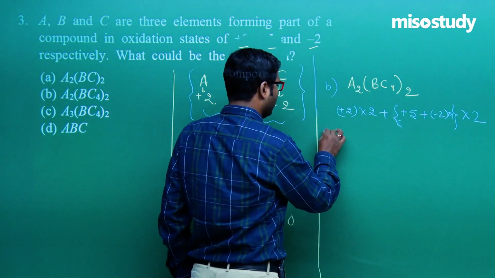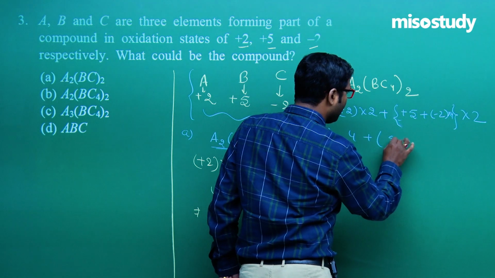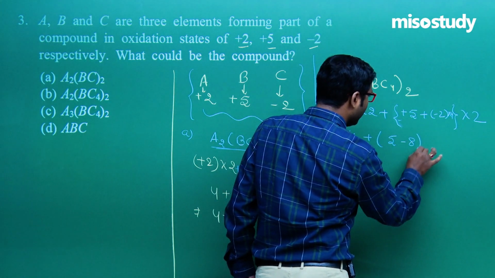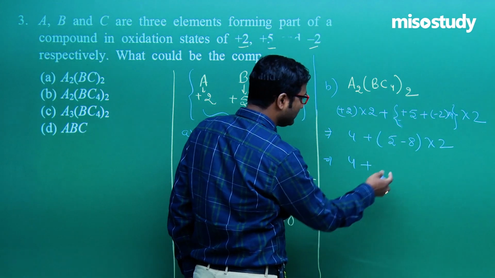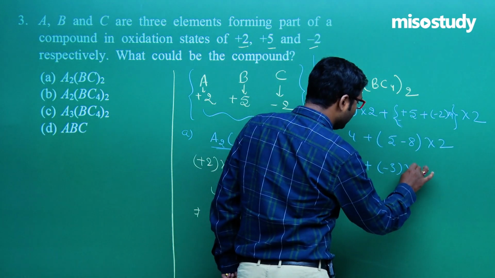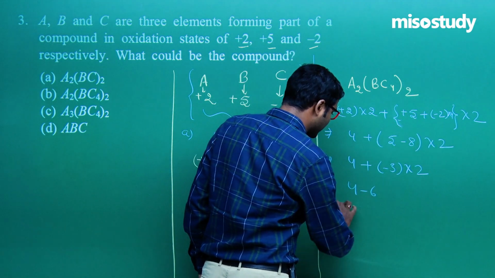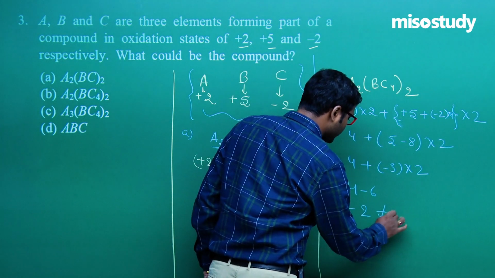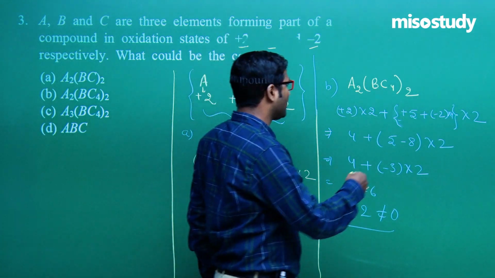This is the case. 2 into 2 is 4 plus 5 minus 8 into 2, that is equal to 4 plus -3 into 2. Clear? 4 minus 6, that is equal to -2, which is not equal to 0. So this is also not a correct option.